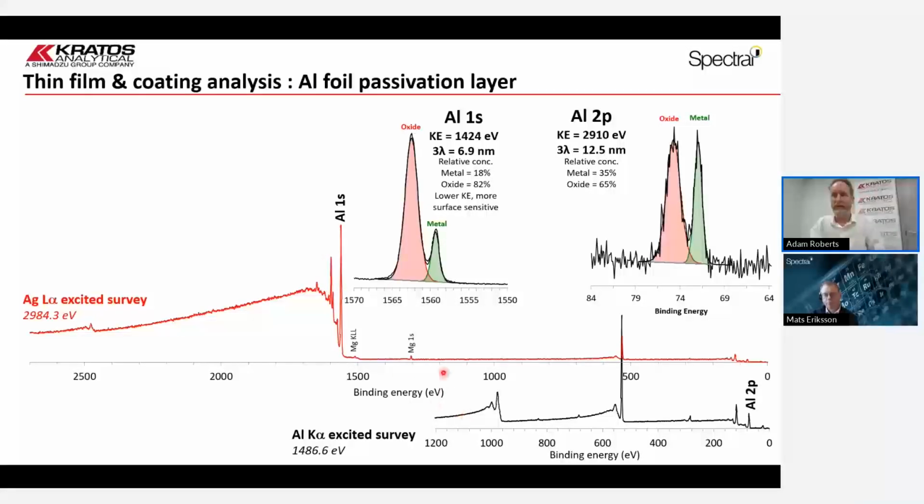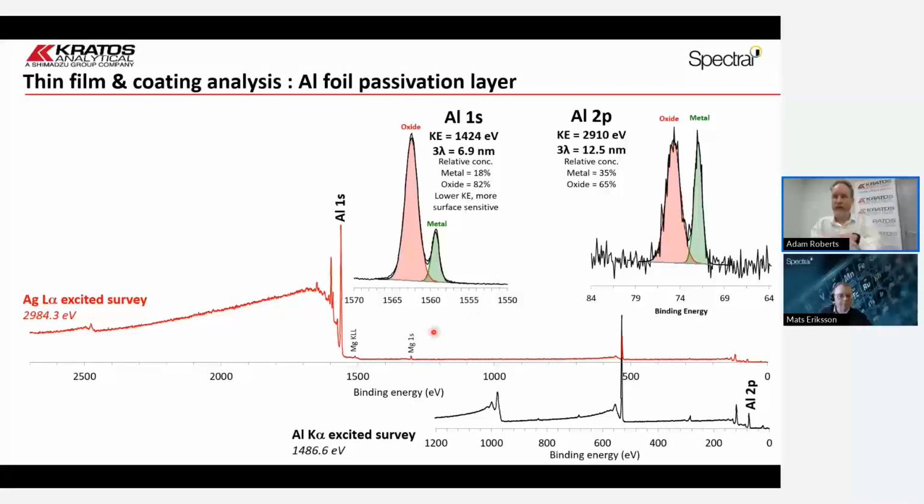With the aluminium, I run out of photon energy. Changing to the higher energy HAXPES source, I can begin to excite the aluminium 1s. And relative, this is more surface sensitive. So we're seeing relatively more of the oxide to the metal. And that's directly a consequence of this difference in kinetic energy, and therefore the sampling depth of my photoelectrons.